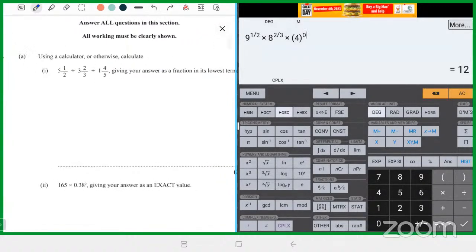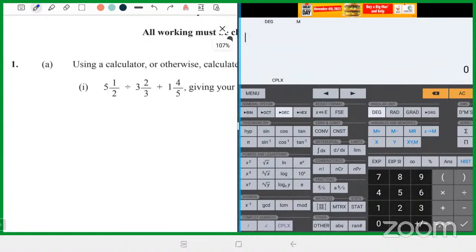That's why you must get one of those calculators where you can type this in exactly as it appears there. I'm going to do that on this calculator on the screen.